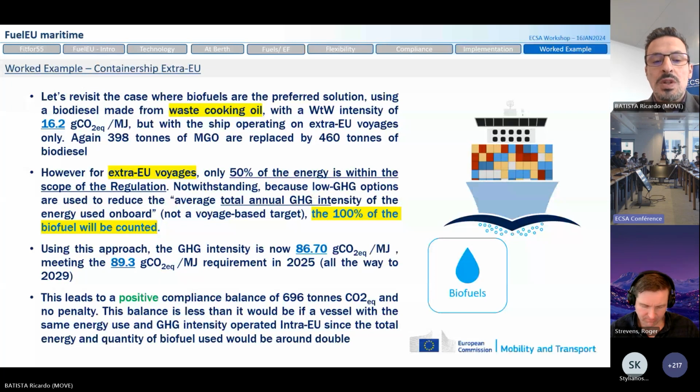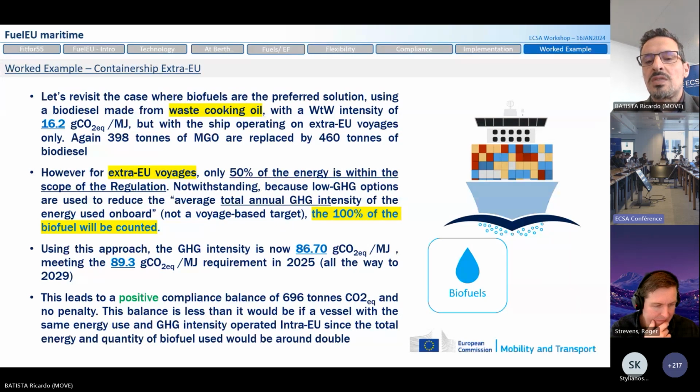However, since the FuelEU is scoping the average total annual greenhouse gas intensity of the energy used on board, we do the calculations on an annual total average and not on a voyage-based target. All the 100% of the biofuel used can be counted for the energy under the scope.